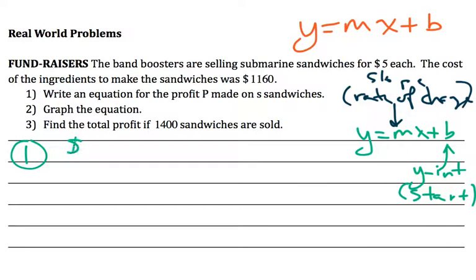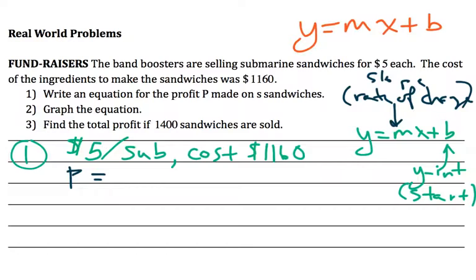So it's $5 per, so there's my slash, sub. The cost of the ingredients to make the sandwiches was $1,160. And what we're told to figure out is an equation for profit.